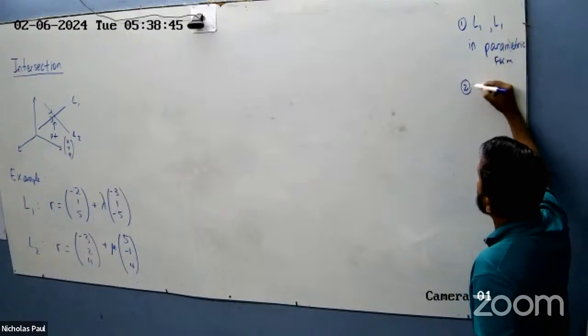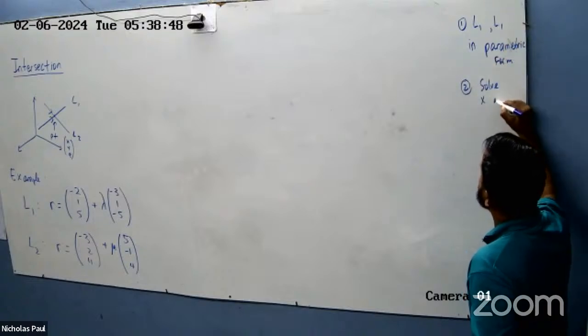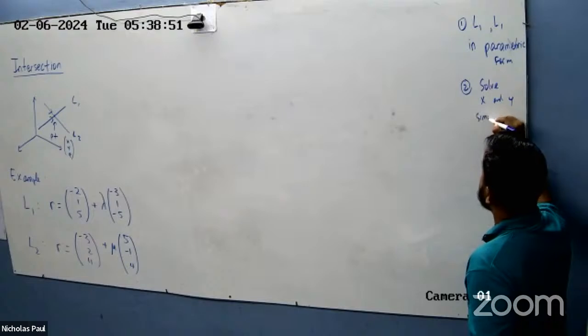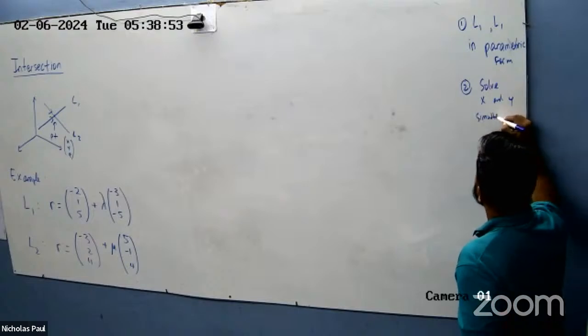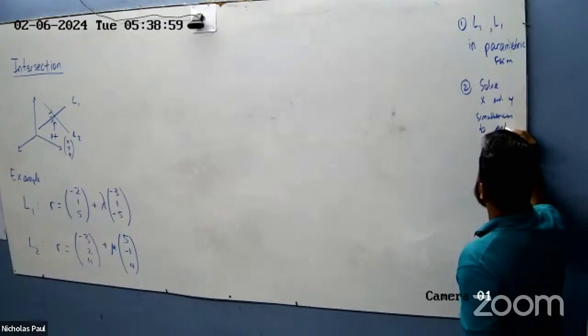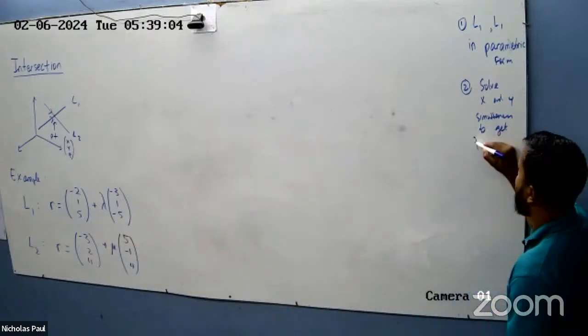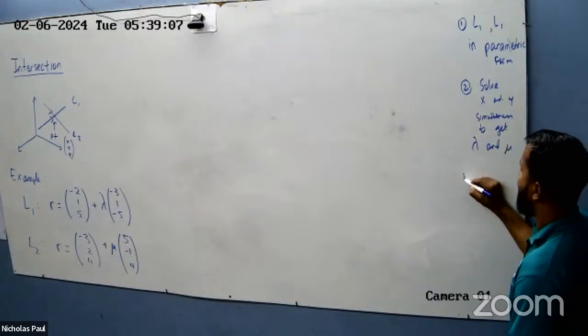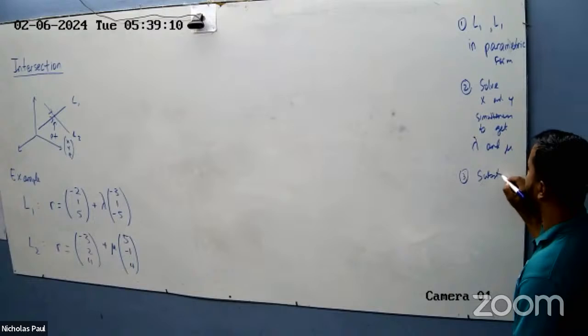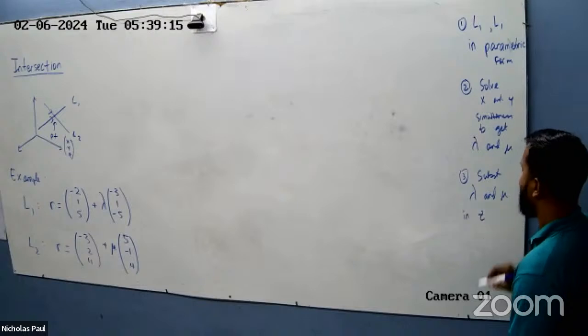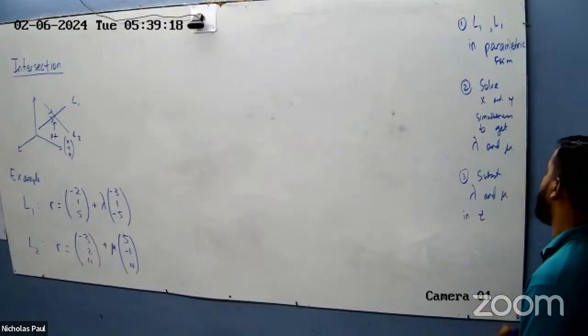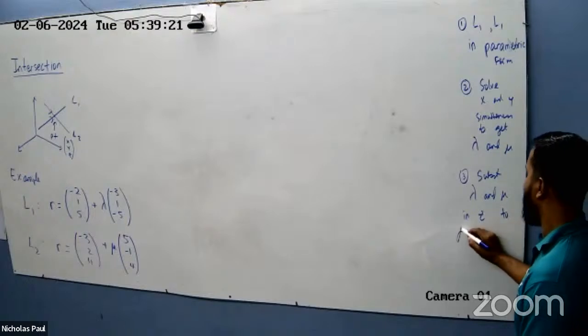After we do that, we are going to solve X and Y simultaneously to get lambda and mu. And then the third step, we're going to substitute lambda and mu in Z, for both of them, to determine if they intersect.